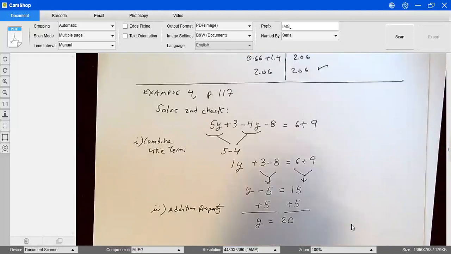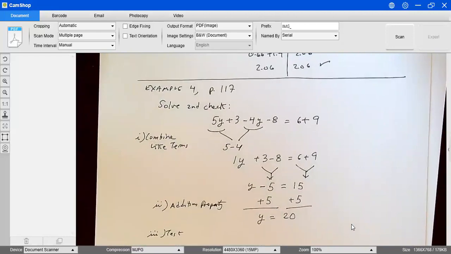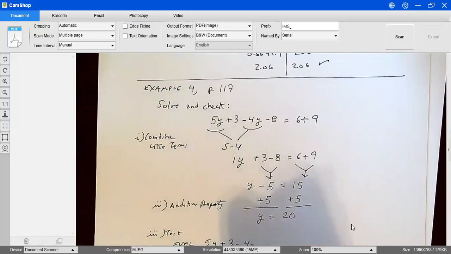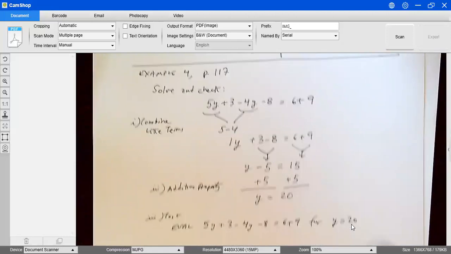Now we need to test the solution. So we're going to evaluate the original equation, 5y plus 3 minus 4y minus 8 equals 6 plus 9, for y equals 20. That's what we're going to do.